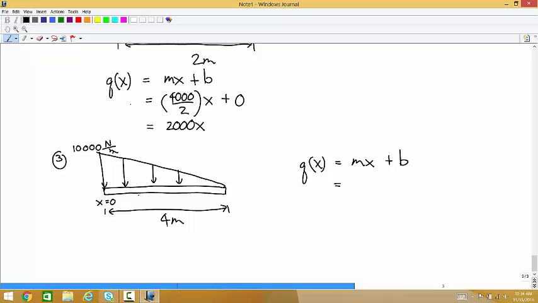The run is 4. And what's the y-intercept? 10,000, yep. Any questions about that one?